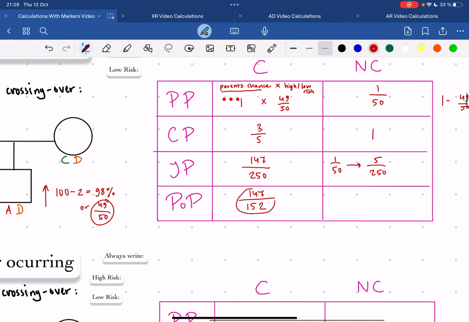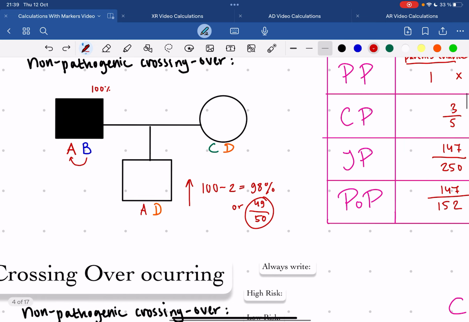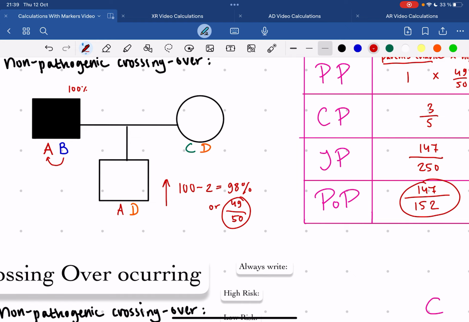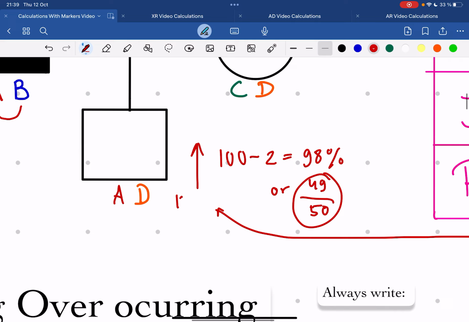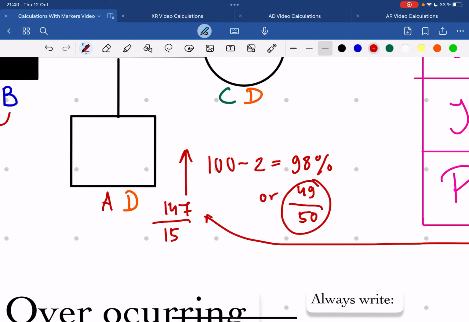So the posterior probability is quite high. Why? Because we already know that it has this marker that marks for a pathogenic allele. So the probability will probably be very, very high. So here would be 147 divided by 152.